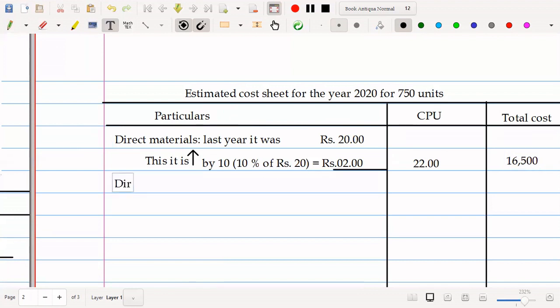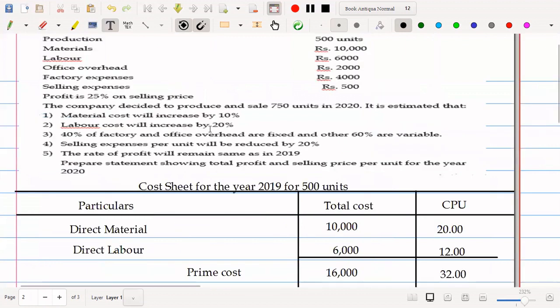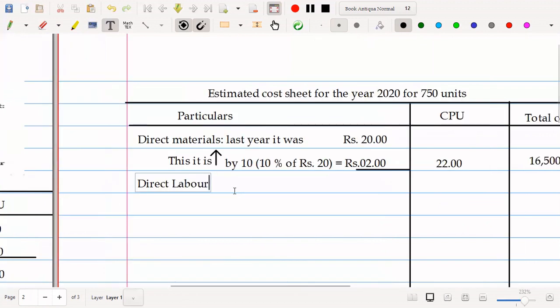Direct labor, what's given in the column? Labor cost will increase by 20%. So last year it's 12 rupees. Now it will increase by 20%. So again, take it.